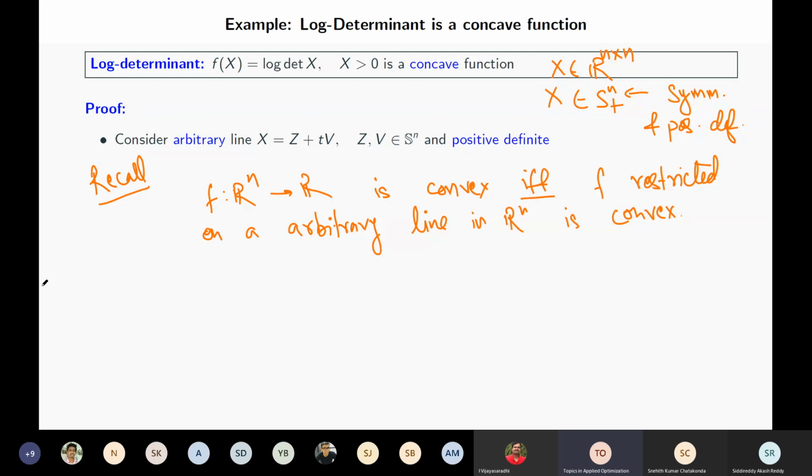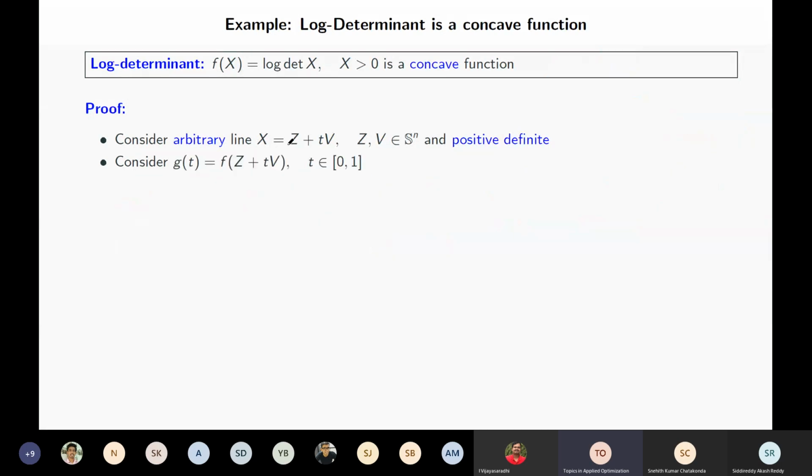So let us consider some line in the domain. This will be the line that we want. It's a function of matrices, right? So let us say this is the function f, and this is the domain where the function takes values.